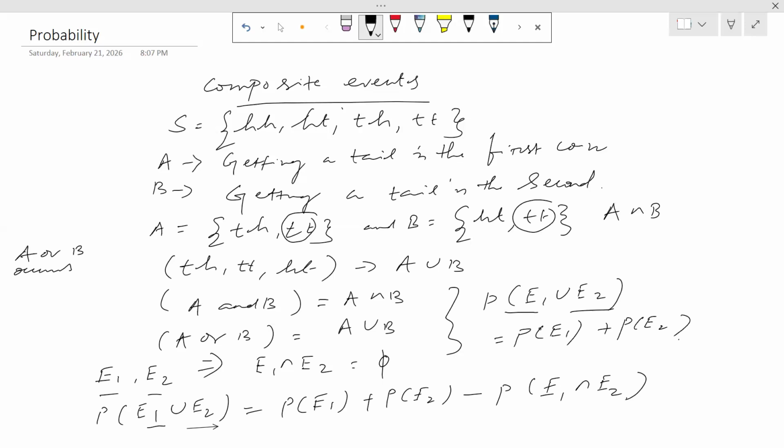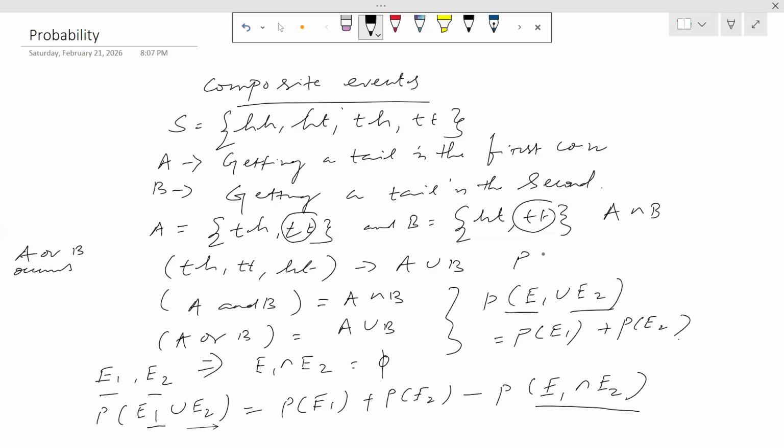Similarly, if E1 and E2 are mutually exclusive, then the probability of E1 intersection E2 will be 0. Very good.